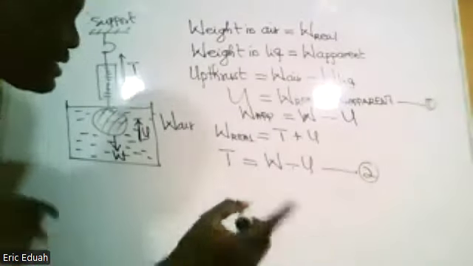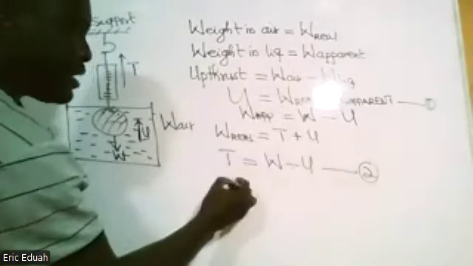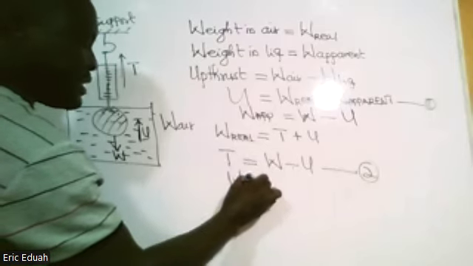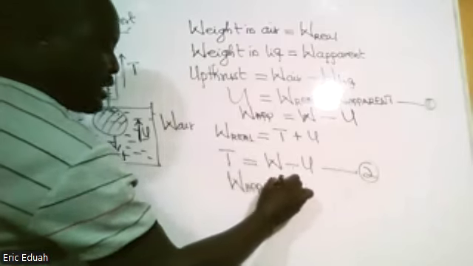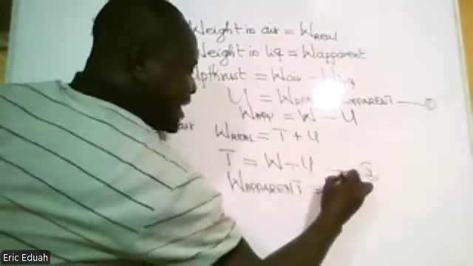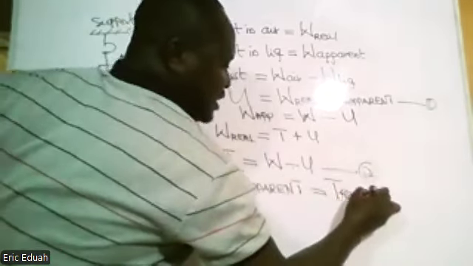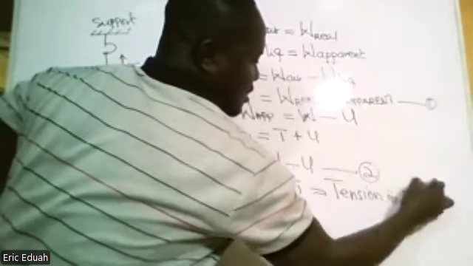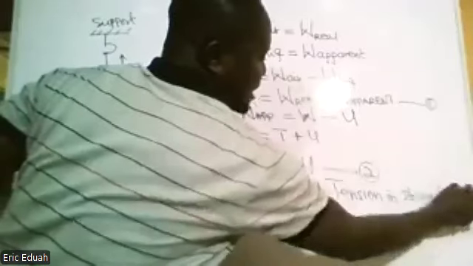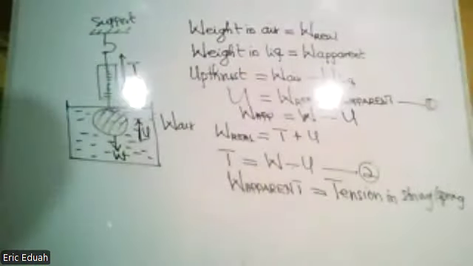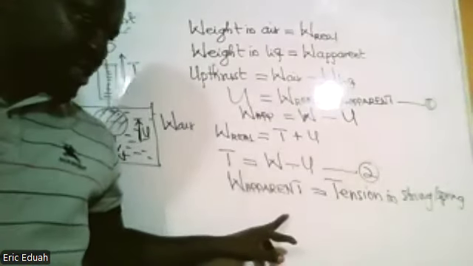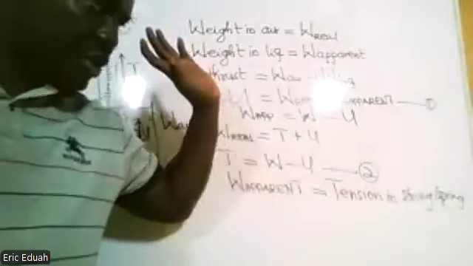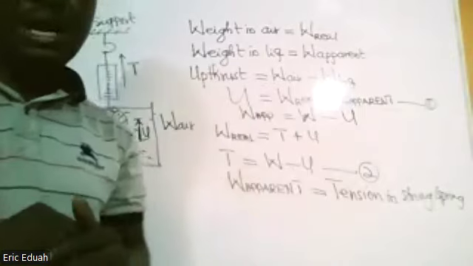The deduction we can make is that the apparent weight, W apparent, is always equal to the tension T, the tension in the string or spring, whenever an object is lowered in a fluid. So the apparent weight, which is the weight in the fluid, is always equal to the tension in a string or spring when an object is lowered.